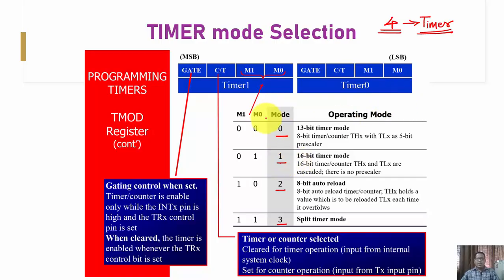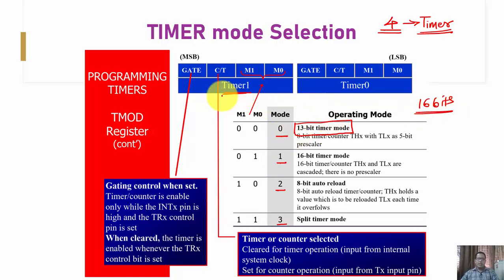Whenever the status of the M0 and M1 bits is 0, 0, then mode 0 is selected, in which the timer works as a 13-bit timer, in such a way that out of the total 16 bits of the timer, only 13 are used. For the discussion, let us consider timer 1.